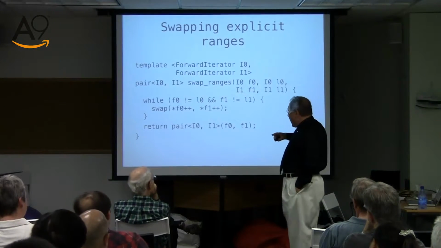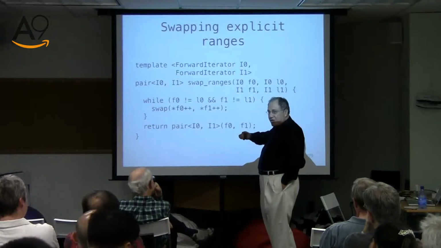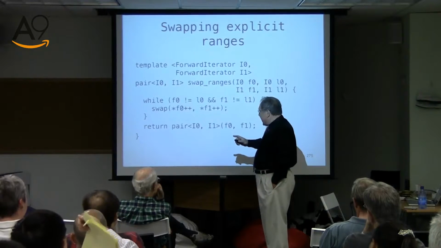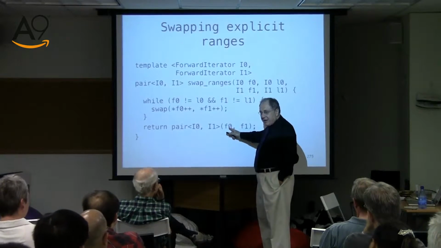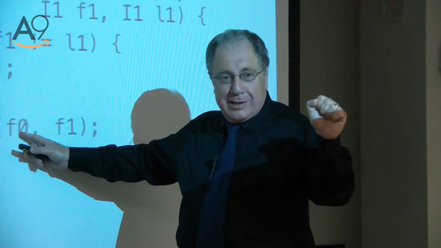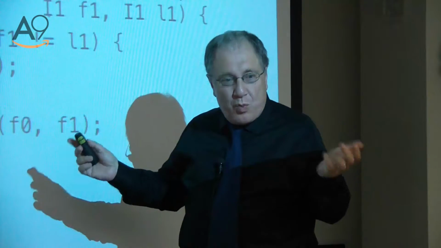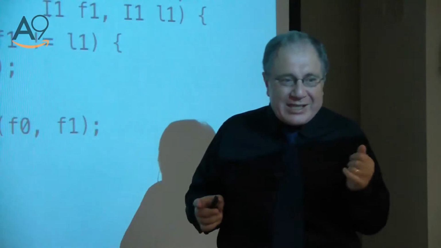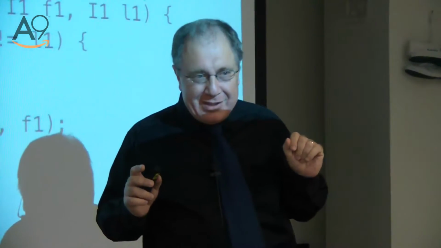Because I am the caller, I could find out which range is exhausted by comparing, say, the first element of the pair with L0. That will tell me which range is exhausted. Only one comparison, one Boolean.